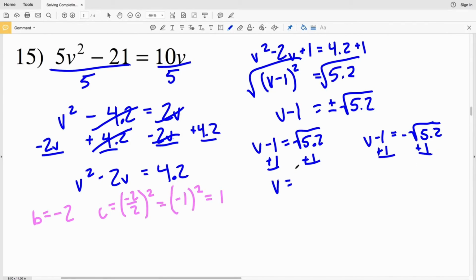In the first equation, I'll get v is equal to the square root of 5.2 plus 1, which is 3.280, or 3.28. And in the second equation, if I have negative square root of 5.2 and I'm adding 1 to that, I'll get negative 1.28. So v is equal to negative 1.28. So my two solutions in number 15 are 3.28 and negative 1.28.